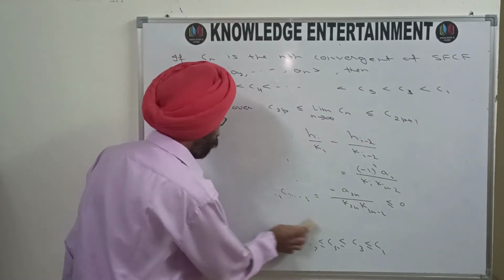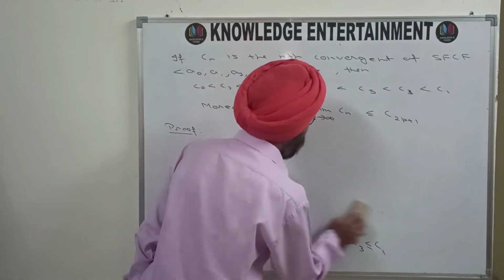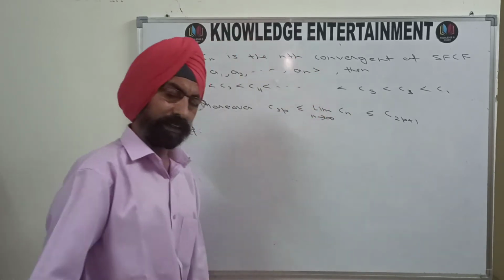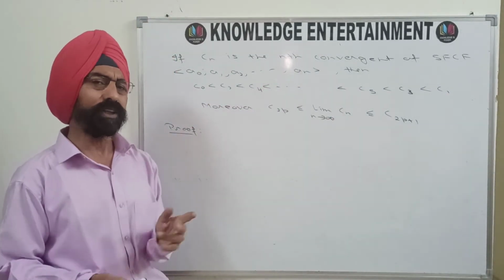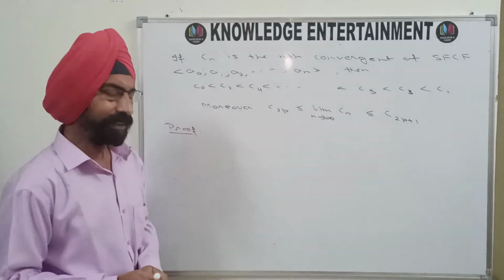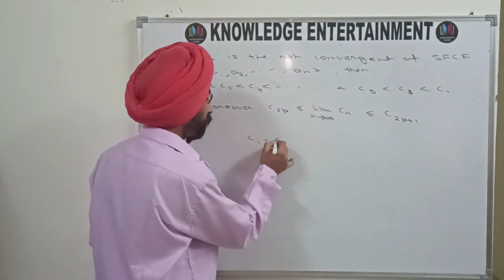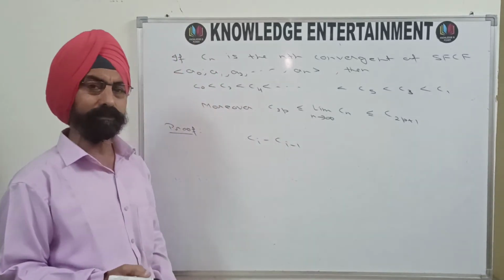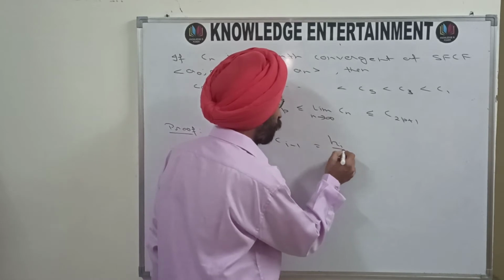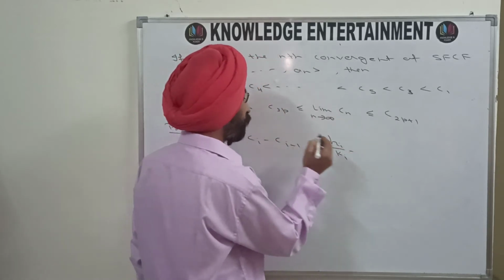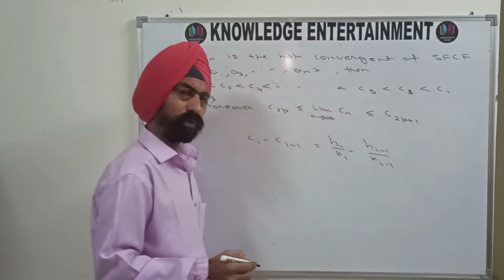Now we'll move ahead because we have to show that every even convergent is less than every odd convergent. For that, once again start with Ci minus Ci minus 1 this time. Ci is Hi upon Ki and Ci minus 1 is Hi minus 1 upon Ki minus 1.